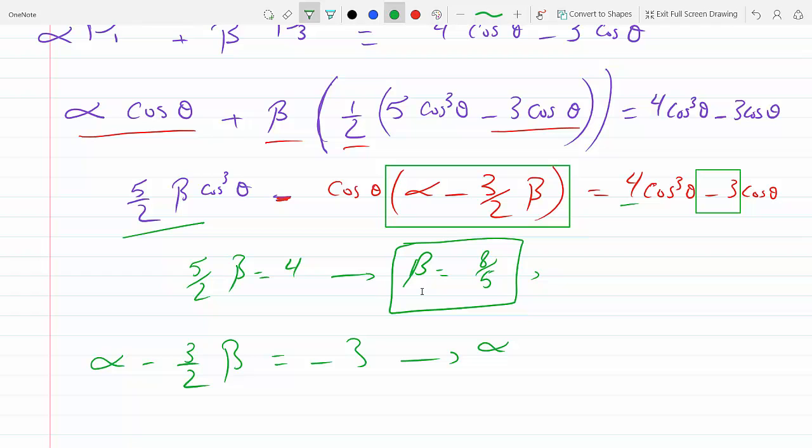So alpha minus 3 over 2, beta is 8 fifths, equals minus 3.